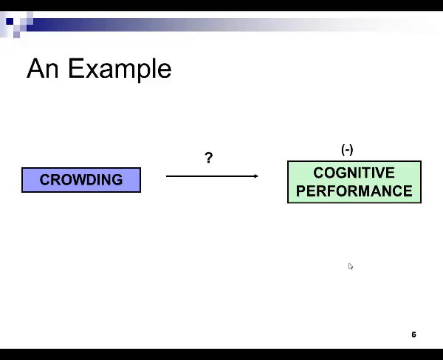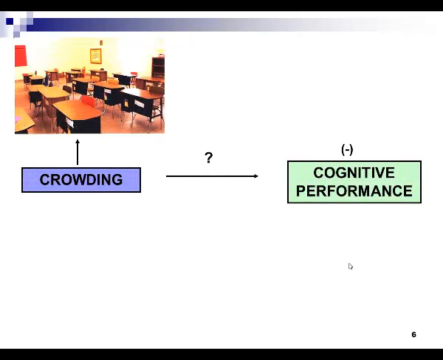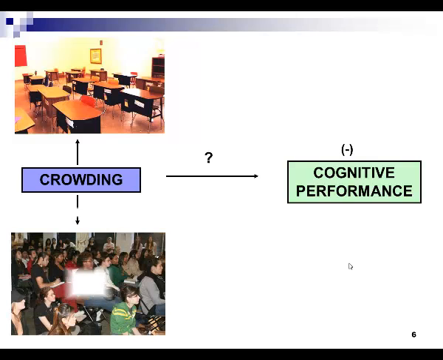So here's an example. Let's say that we were interested in examining the relationship between crowding in a room and its effects on cognitive performance on some task. And let's say further that we were going to manipulate the variable of crowding, which is our independent variable, where you see above here you have no crowding and a lot of crowding.